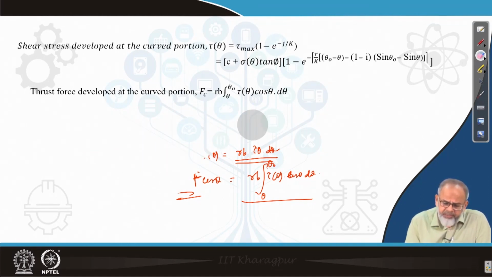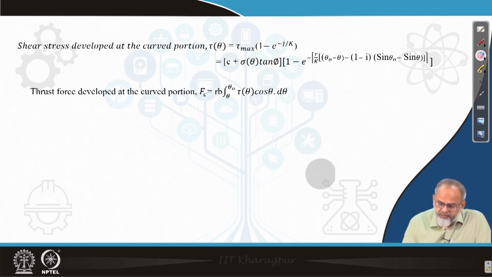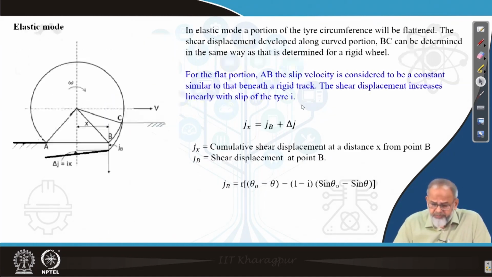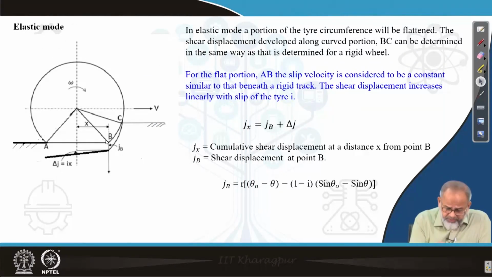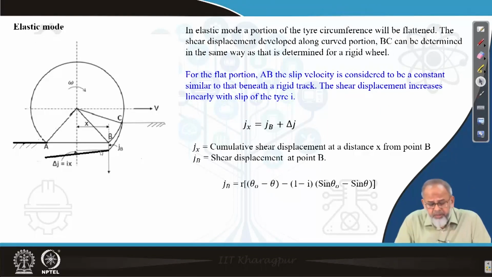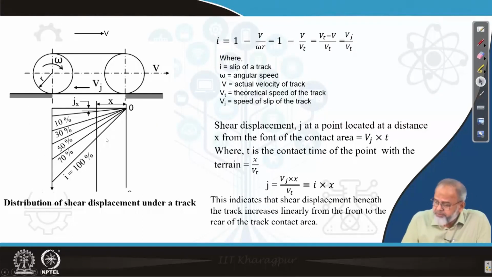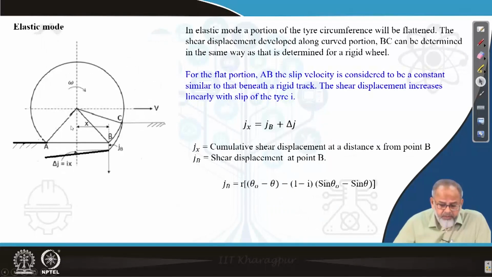Now the other mode is the elastic mode. So let us see what happens in the elastic mode. A part of the wheel will be flattened and the other component will be curved. That means we have to consider the shear displacement along the flat portion and the curved portion.